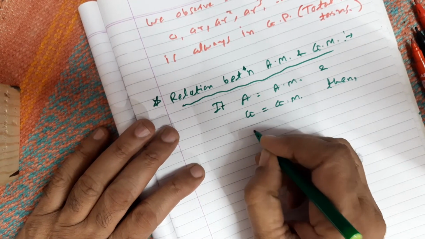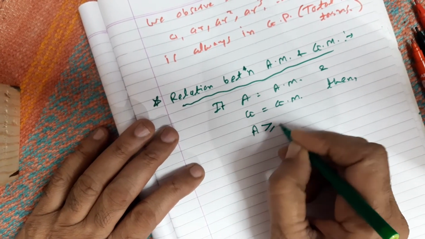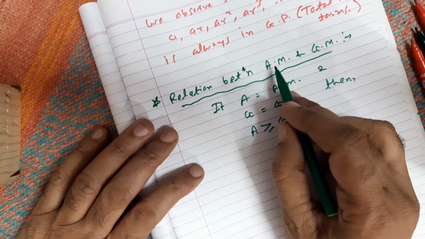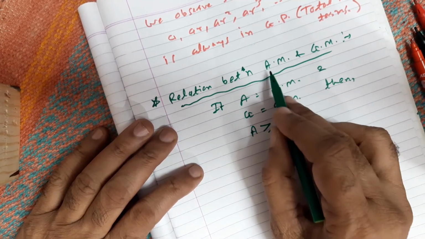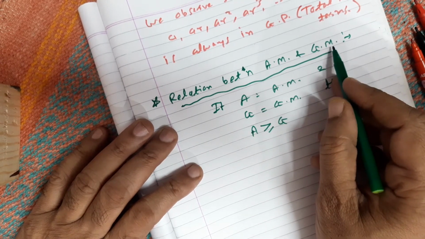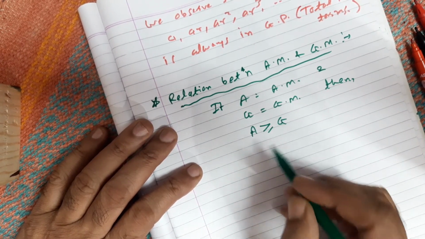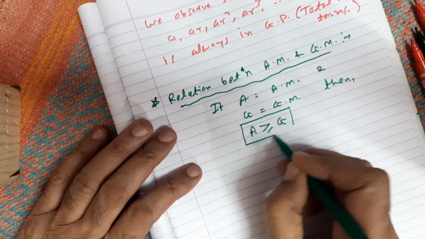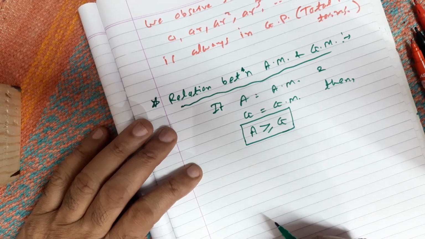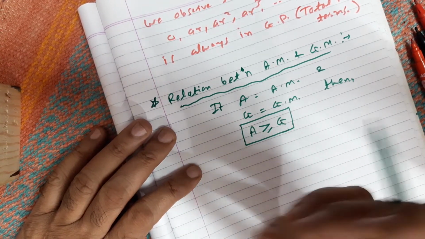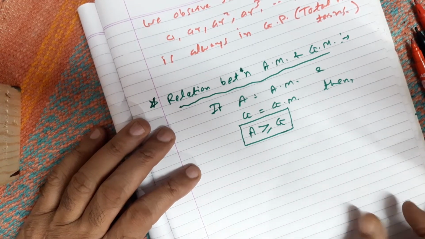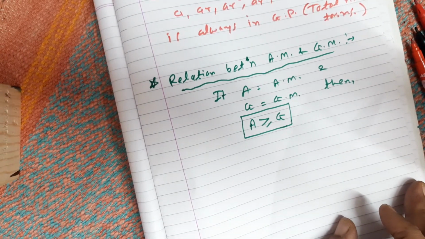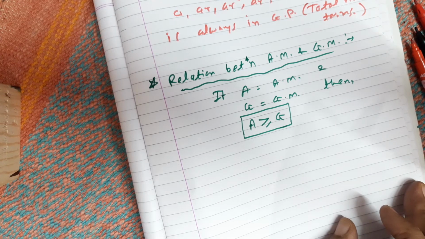But remember it: A is greater than or equal to G. This is the relation between arithmetic mean and geometric mean. Sometimes a sum or objective question may come based on it, so that you know it. That is why. Is that clear? Okay. Hope you understand this.